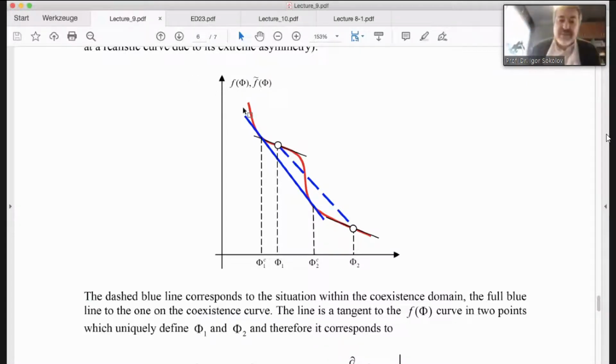But if this f is symmetric, then essentially the whole curve looks symmetric. Let me just comment on this here.